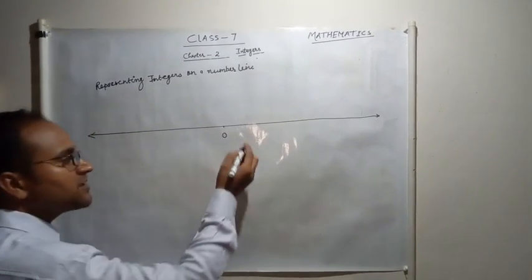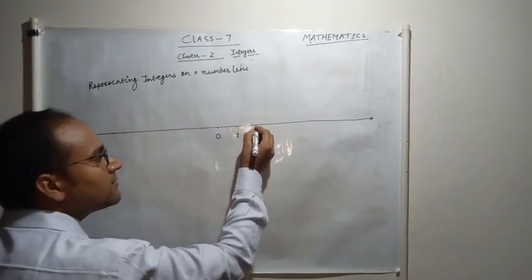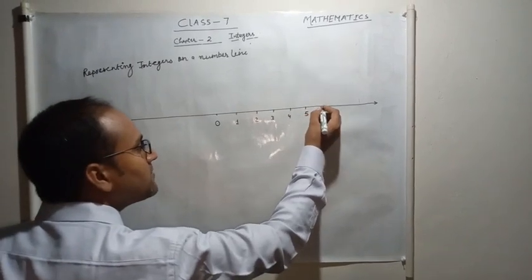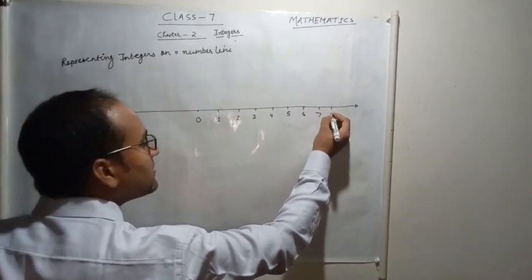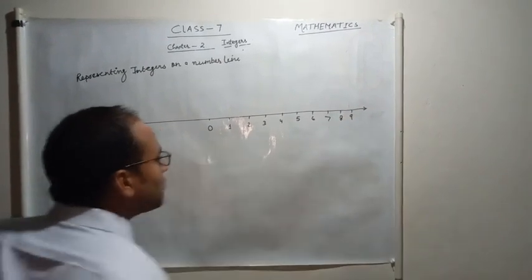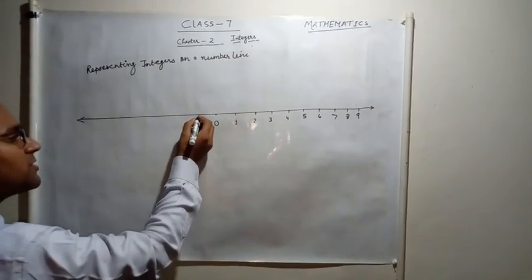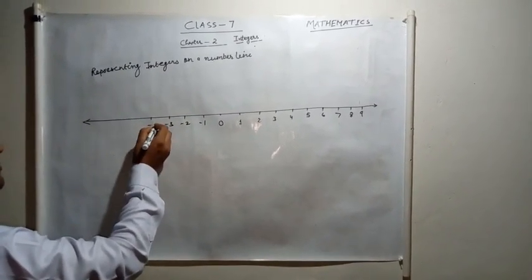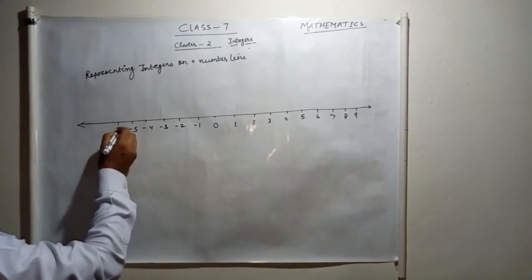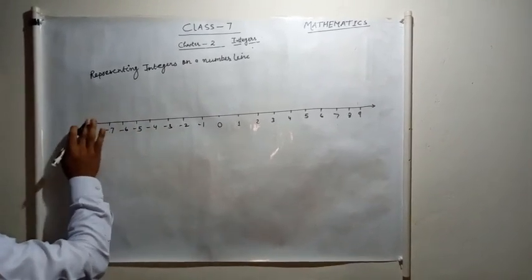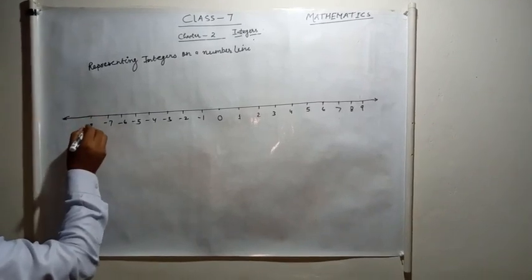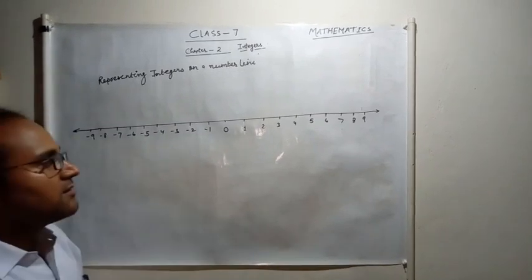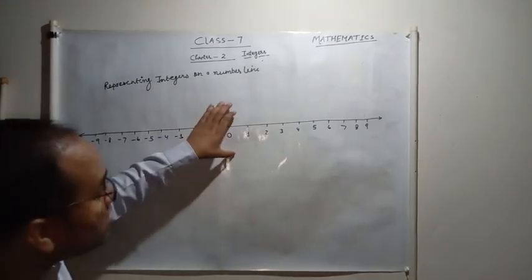Then I'm going to represent positive integers 1, 2, 3, 4, 5, 6, 7, 8, 9 and so on. On the left side of 0, I'm going to represent negative integers -1, -2, -3, -4, -5, -6, -7, -8, -9. So dear student, 0 is the origin point.